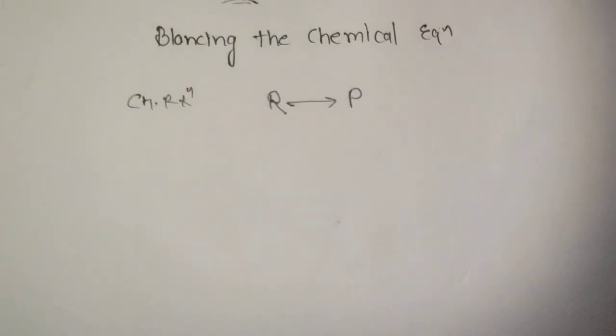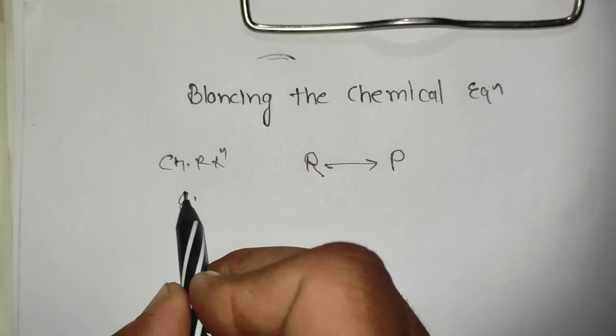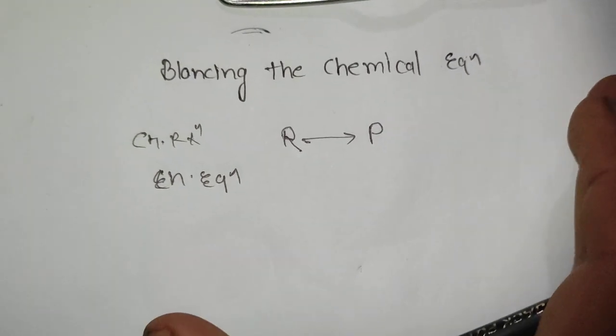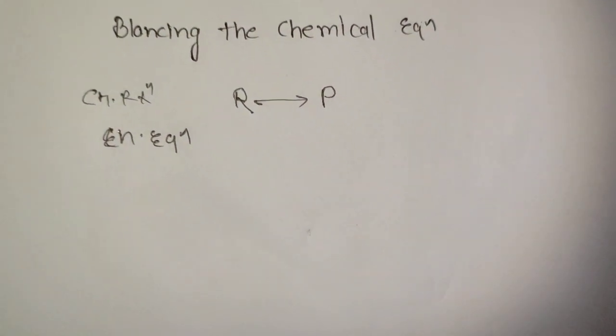Okay, now what is a chemical equation, before going to balancing the chemical equation? For example, a lot of reactants and products are formed.